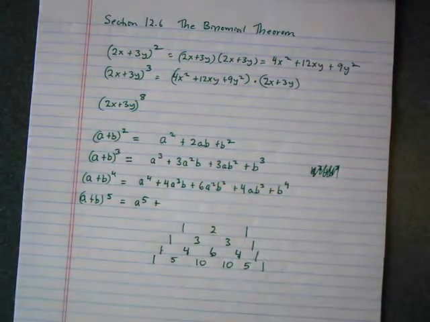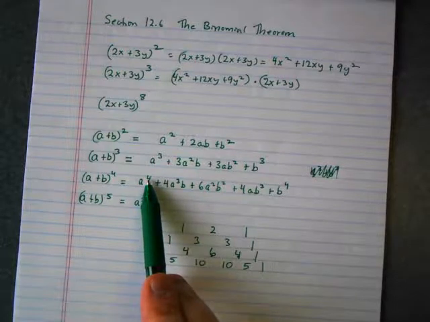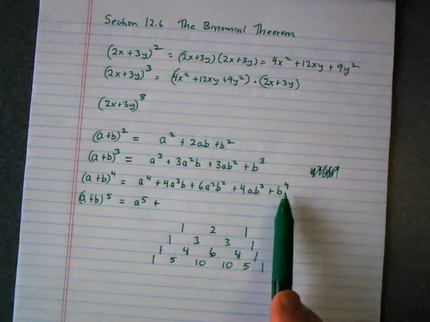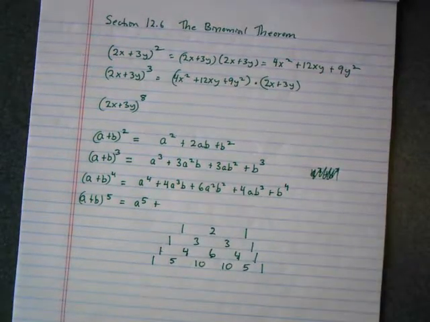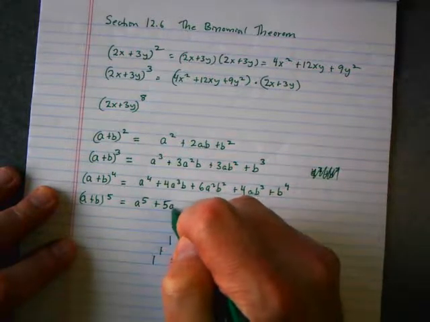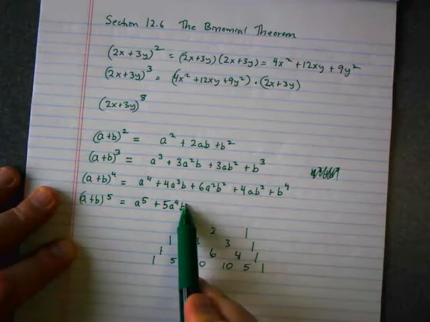and then we haven't talked about this pattern yet. What happens with the exponents on the a's? The a's go down 1 each time, don't they? And the b's go up 1 each time. So this one's going to be 5a to the 4th b. So the power on a went down, the power on b came up.